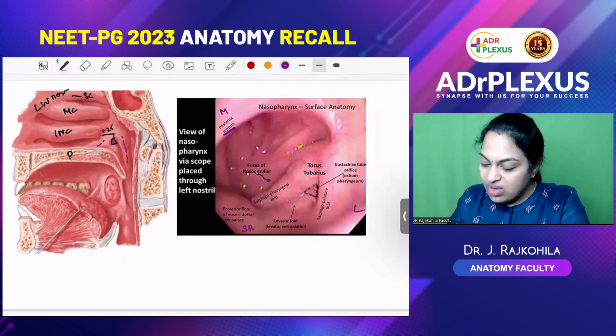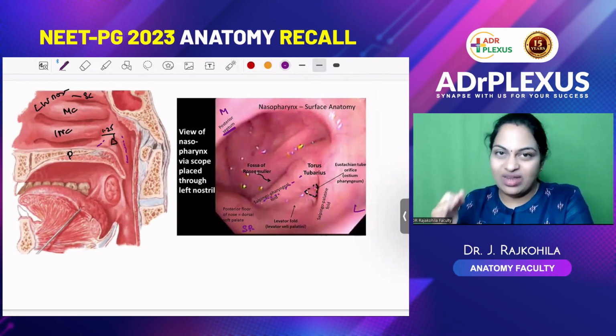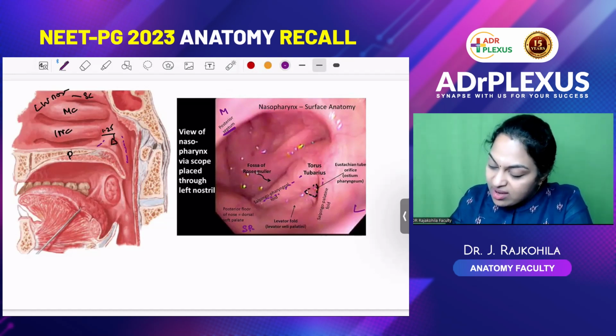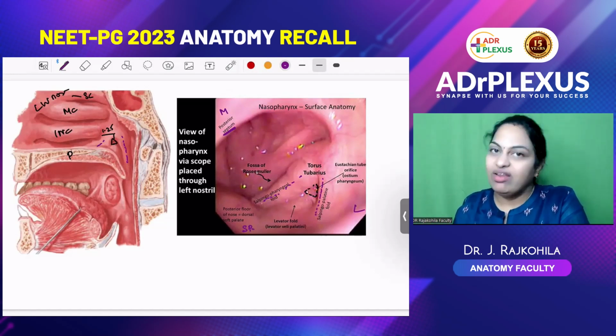Okay. Now this one going downwards towards the pharynx, that's the salpingopharyngeal fold, which lodges the salpingopharyngeus muscle of the pharynx. And this smaller fold, going towards the soft palate, yes, that's the salpingopalatine fold.